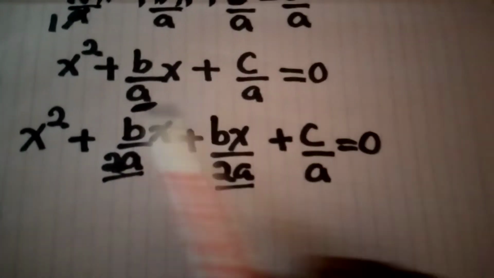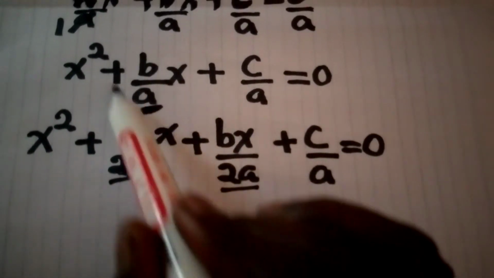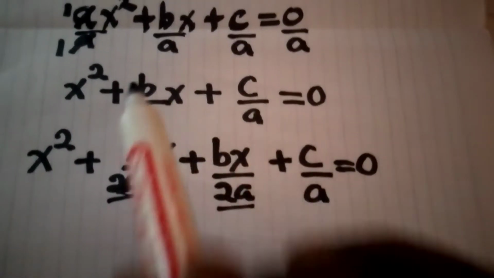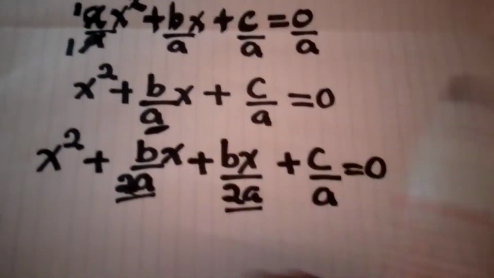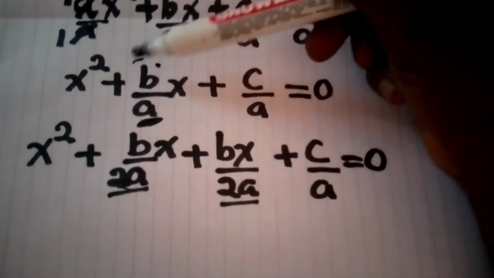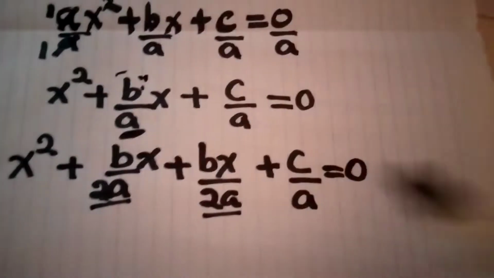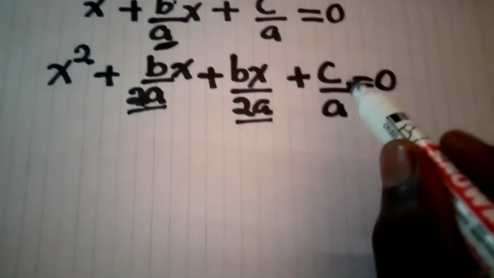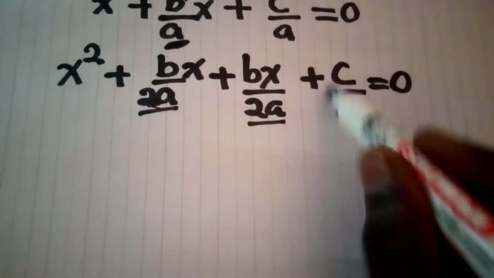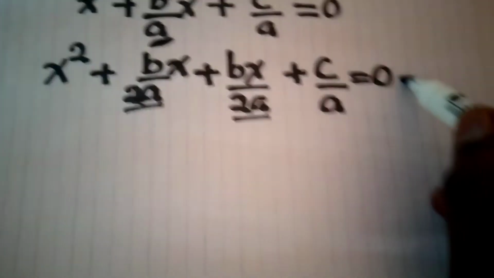So after reaching this step, you have to get a half of the sum. Then after getting the half of the sum, you have to add the two halves together. Then when you add, you still go back to the general equation, this one here. So now after getting that, we shall continue by crossing the product to this side of the equation.